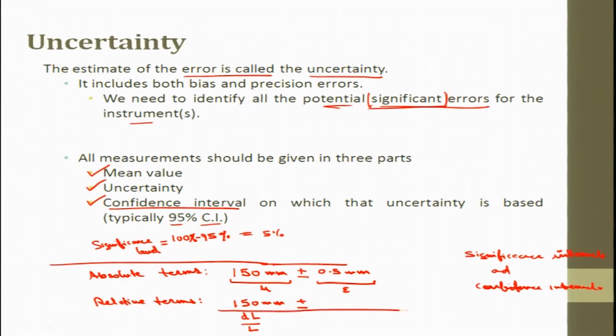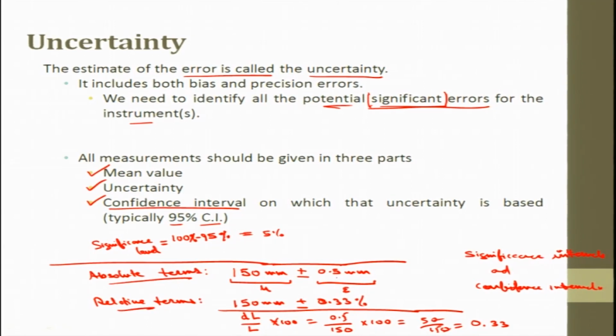Here I am calculating delta L by L into 100, the percentage, so 0.5 by 150 into 100 comes down to 50 by 150, which is equal to 0.33, plus or minus 0.33%. So you can see that in absolute terms the uncertainty is in the same units, while in relative terms it is a percentage, or it might be some other quantile or quartile of this, something like that.